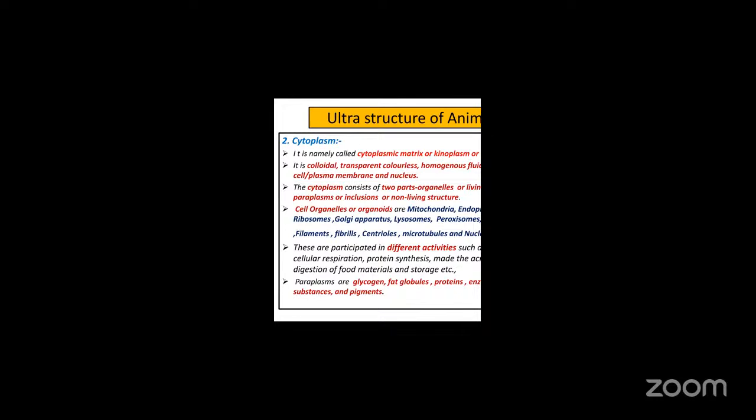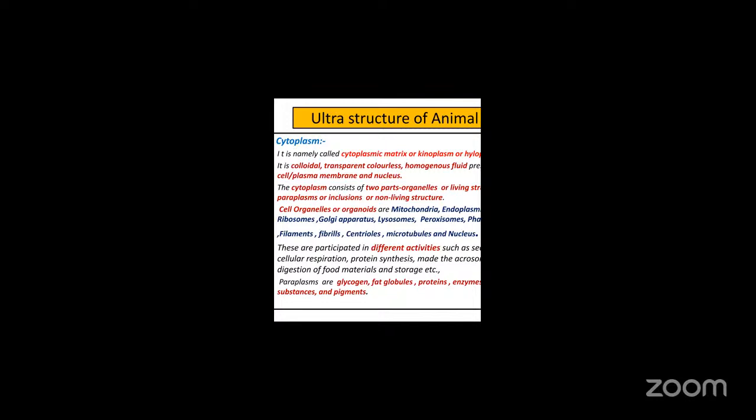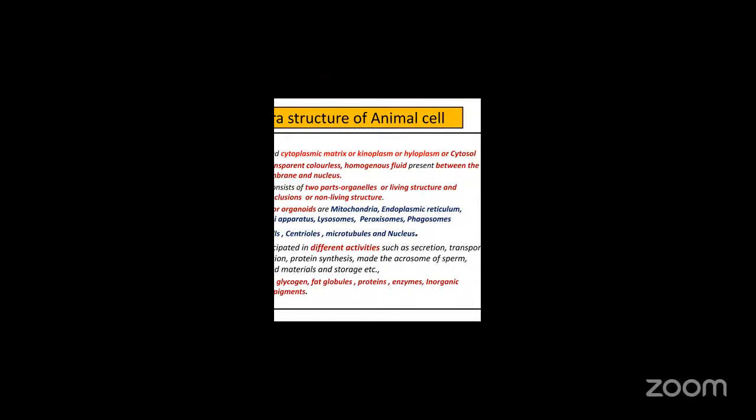Now, these different organelles participate in different activities. Like you have secretion, transport, cellular respiration, protein synthesis. Then they also make the acrosome of the sperm, digestion of the food material as well as storage. So they perform various functions.